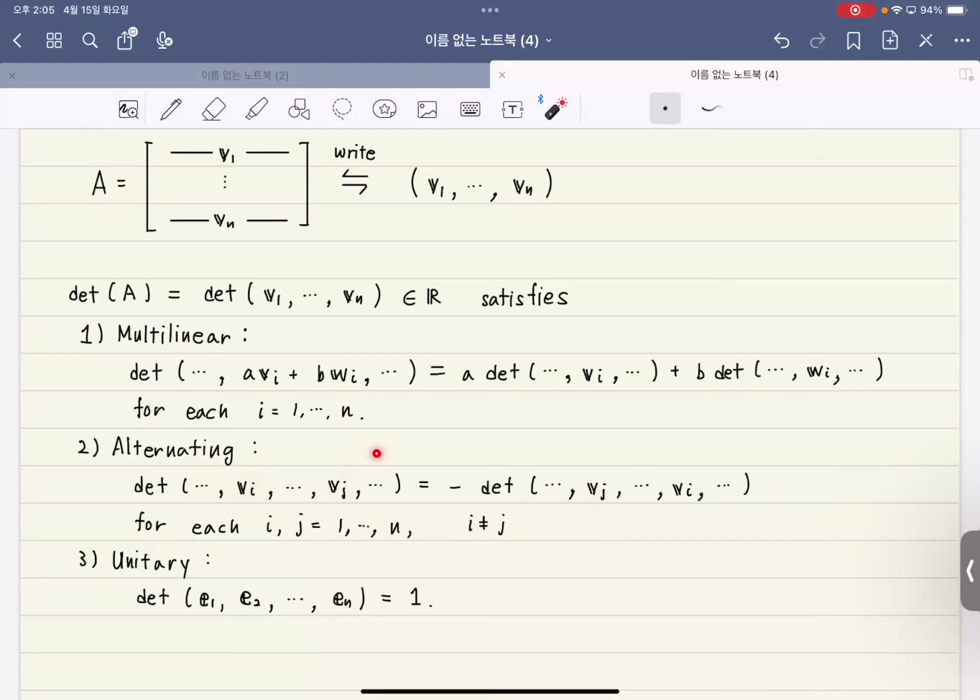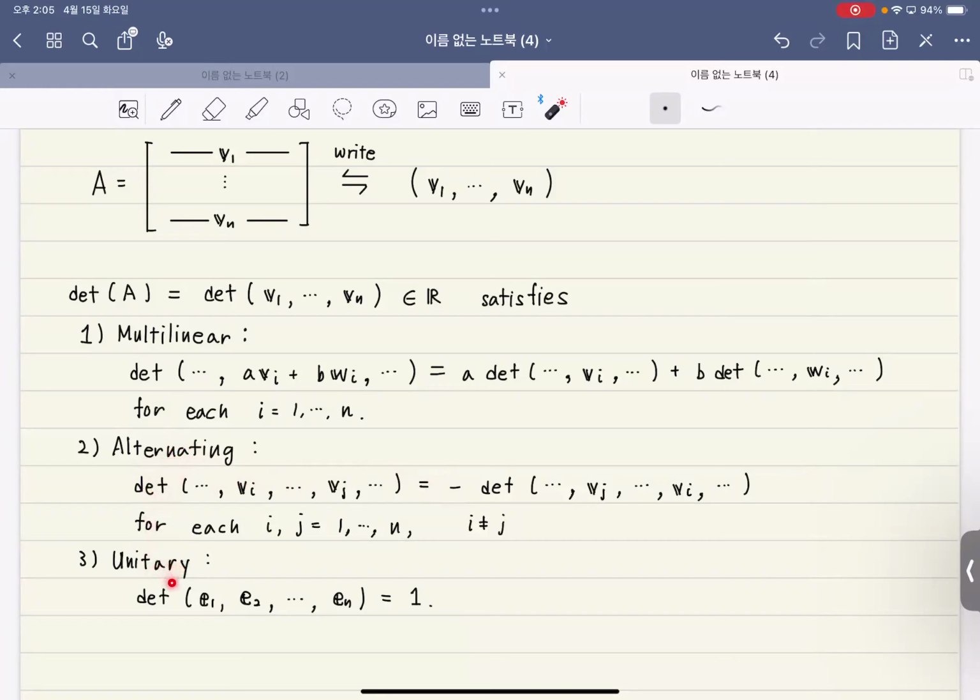But what if I swap these two? Now, in the i-th position I have vj, and in the j-th position I have vi. If I swap the order of these two vectors, then I have a negative sign over here. And this property I will call the alternating property.